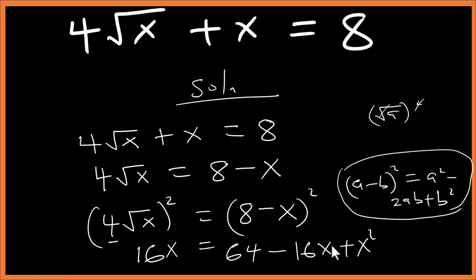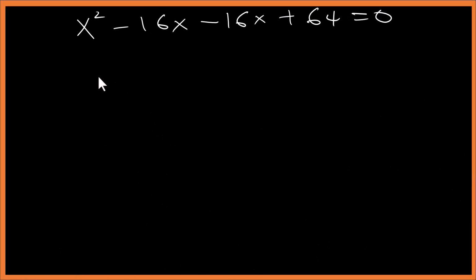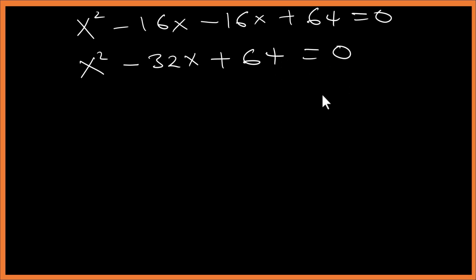So let's confirm: x squared, this one minus 16, so minus 16 minus 16 is minus 32x plus 64 equal to 0. Okay, so this one is a quadratic equation.